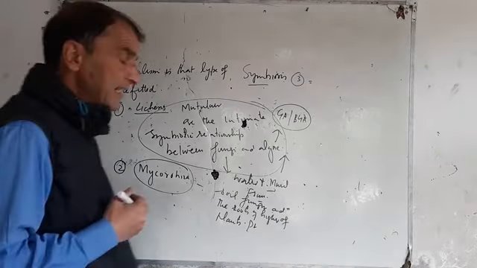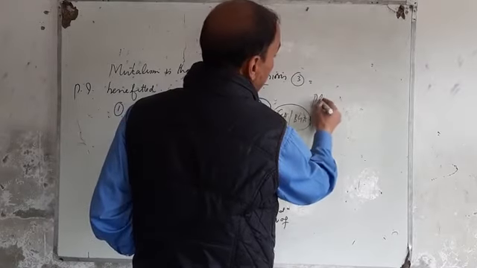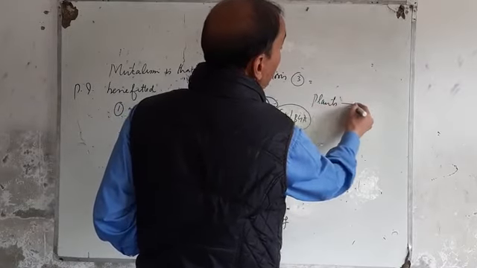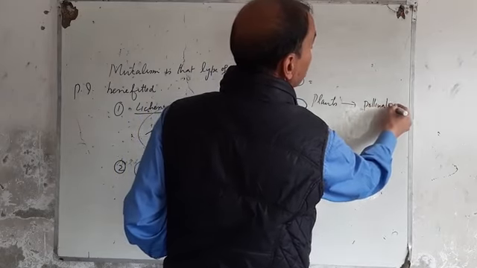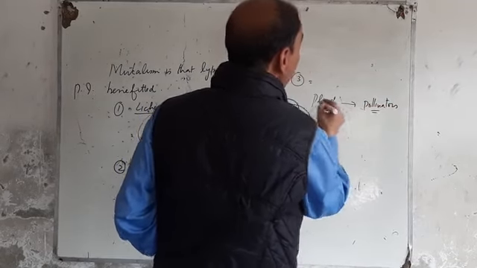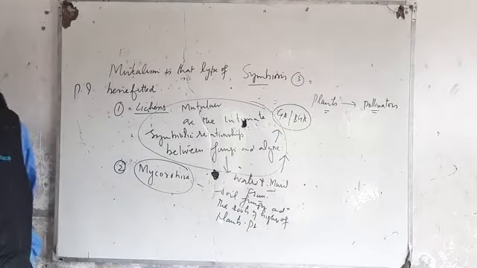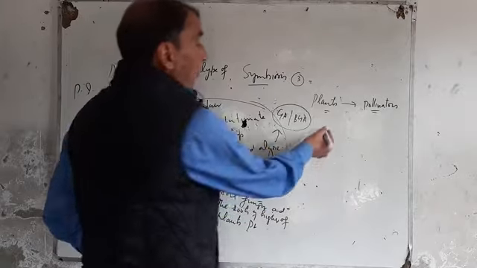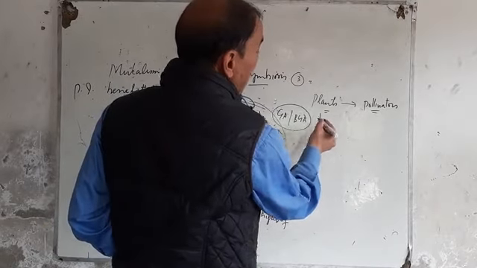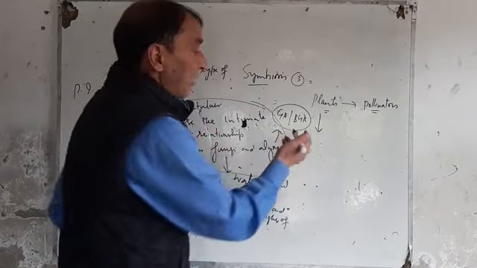Let me talk of an example. Plants and pollinators. This is an example of mutualism. Plants produce flowers.